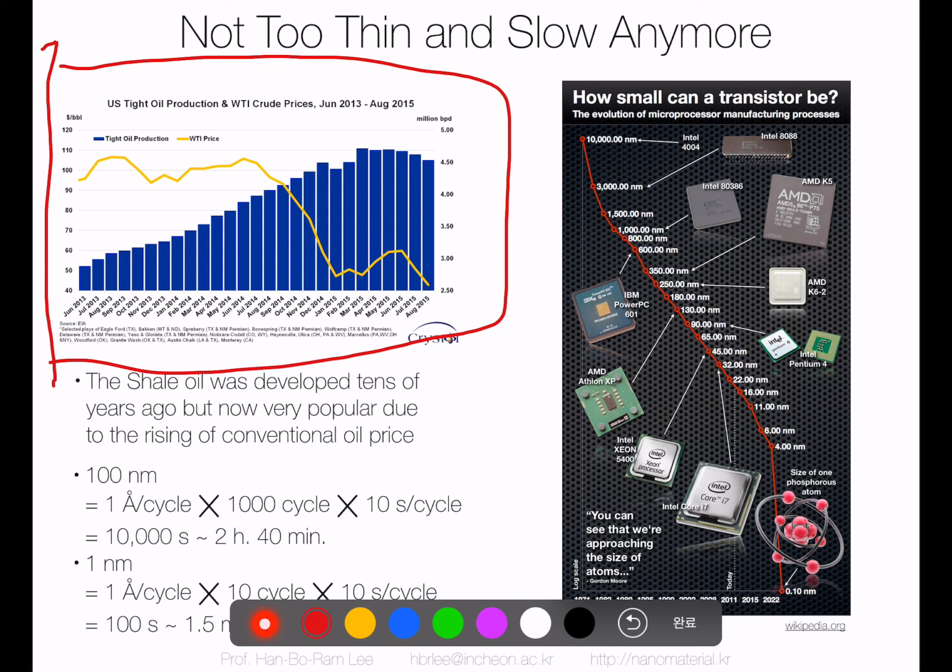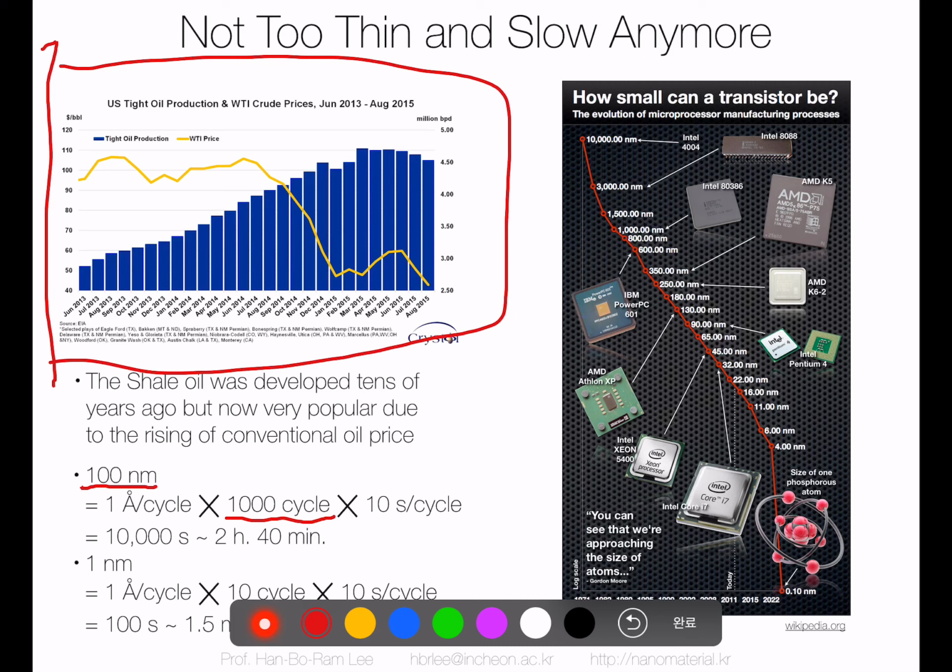We continuously decrease the device size, and we change the structure of the device from two-dimensional to three-dimensional. For example, 10 years ago we had to deposit a 100 nanometer film thickness. If you have a 1 angstrom per cycle ALD process, we have to do 1,000 cycles.